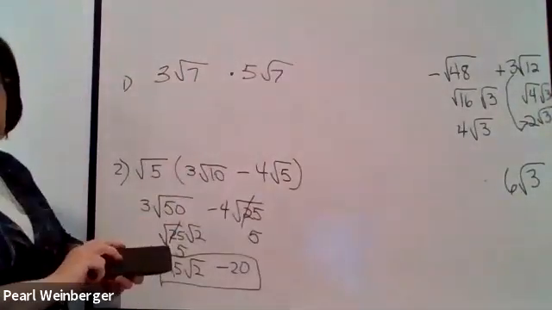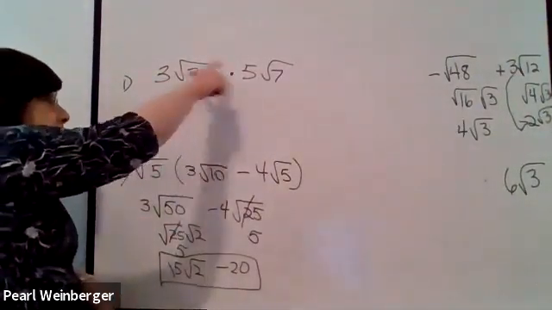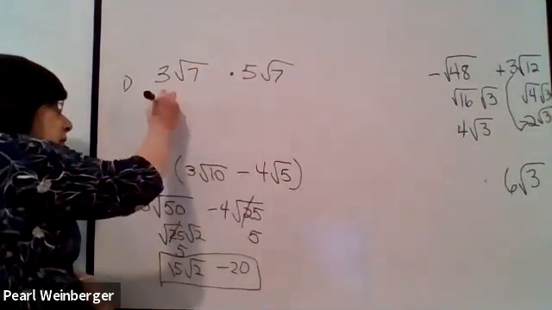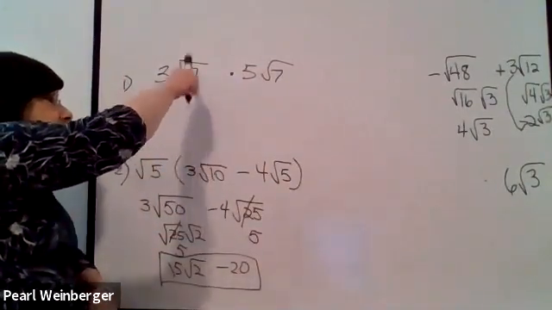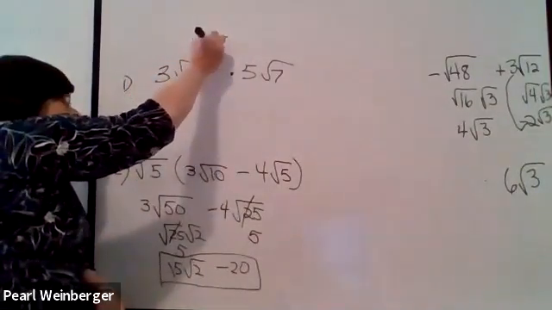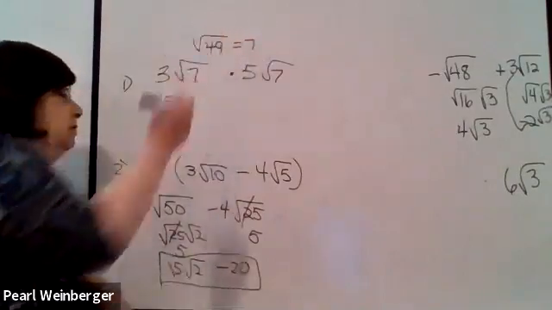Again, these are 2 monomials. Now, obviously, when I multiply the numbers on the outside, the 3 times the 5 is 15. Those are outside the radicals. When I multiply the radical 7 times the radical 7, I'm going to get radical 49, which is just equal to 7.